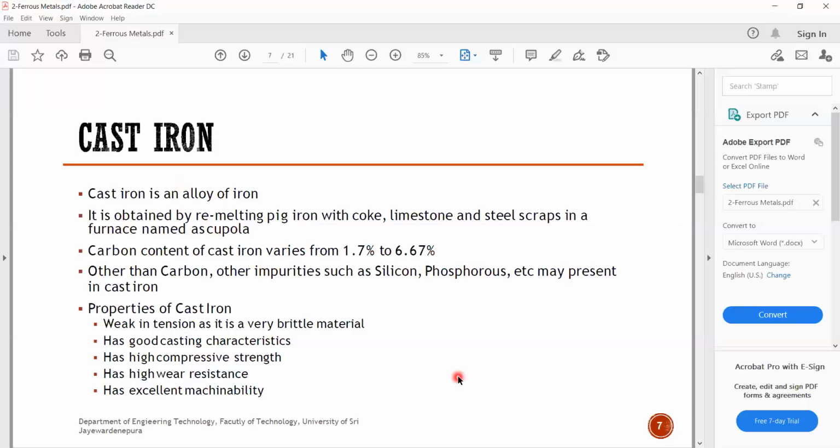Or briefly explain cast iron. Or another question: what are the impurities available in cast iron? Or just list down the properties of cast iron. These are the questions that can be asked here, right?